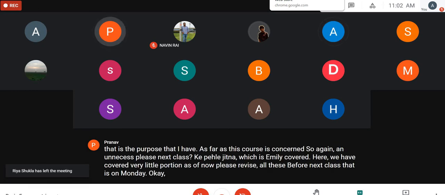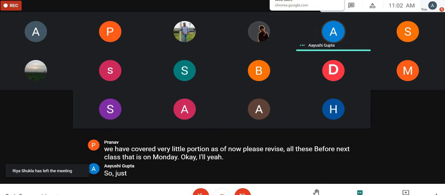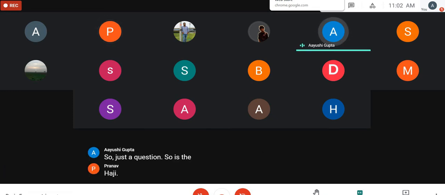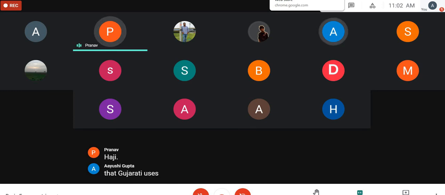Okay, yeah. So just a question: what is the limitation of the methodology that Gujarati uses?